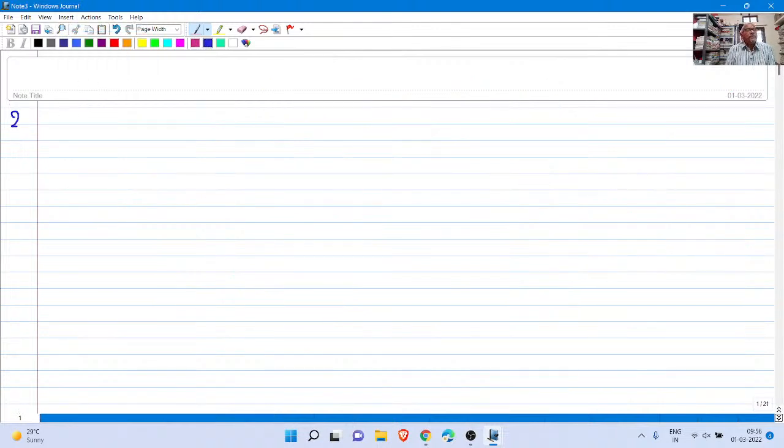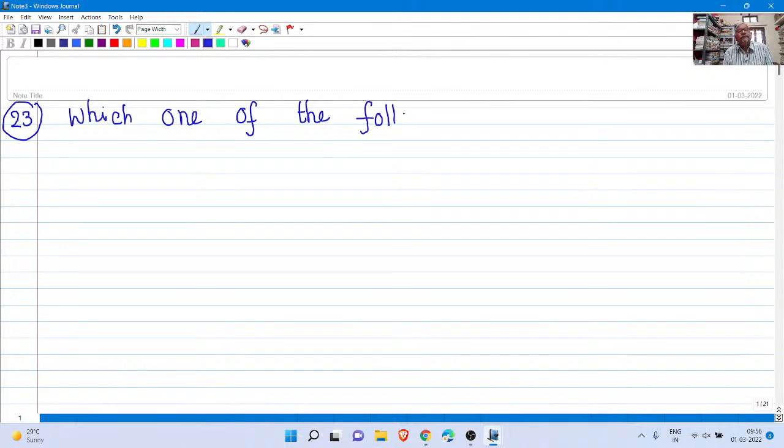So now the 23rd question. Which one of the following cannot be the probability of an event?